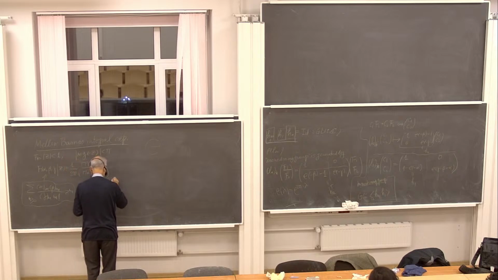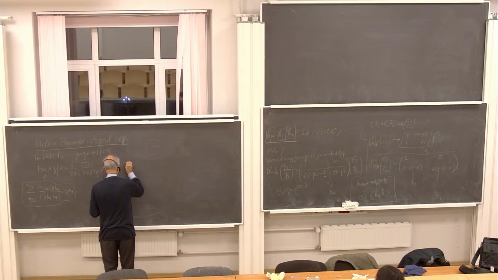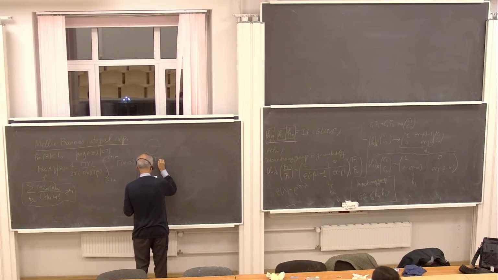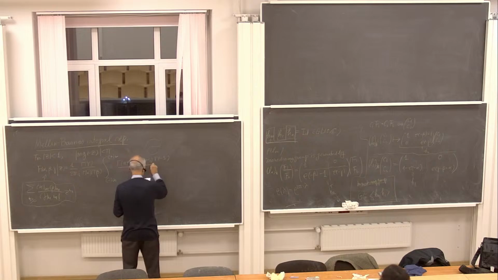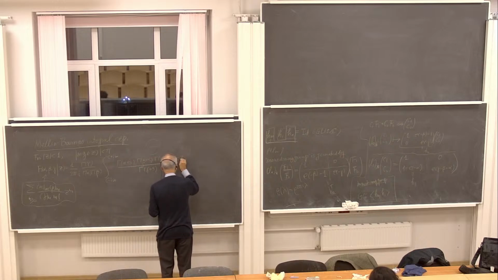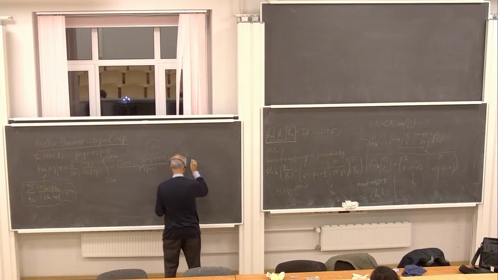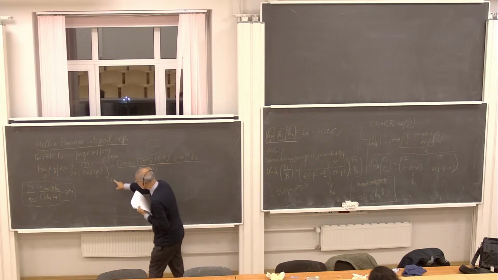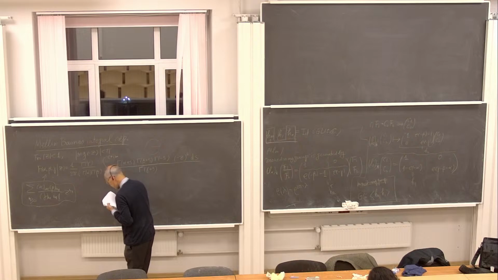an integral over some integration path C of an integrand function that depends on four gamma factors, to the power s, ds. So what is this integration path?